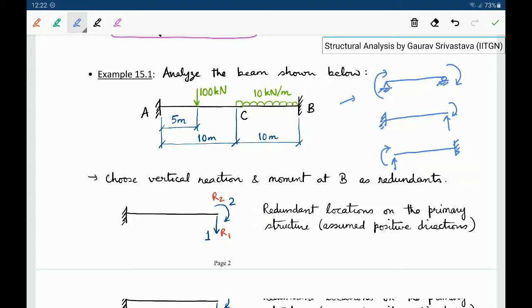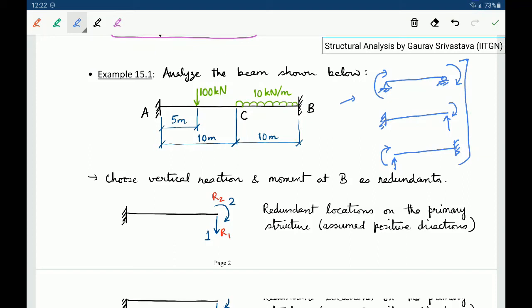So there are many possibilities, and in fact this is one of the drawbacks of the flexibility matrix method, that there are many possibilities for the primary structure. Okay, and depending on the primary structure, the flexibility coefficients will change, and hence it is a little bit challenging for this method to be programmed in a computer.